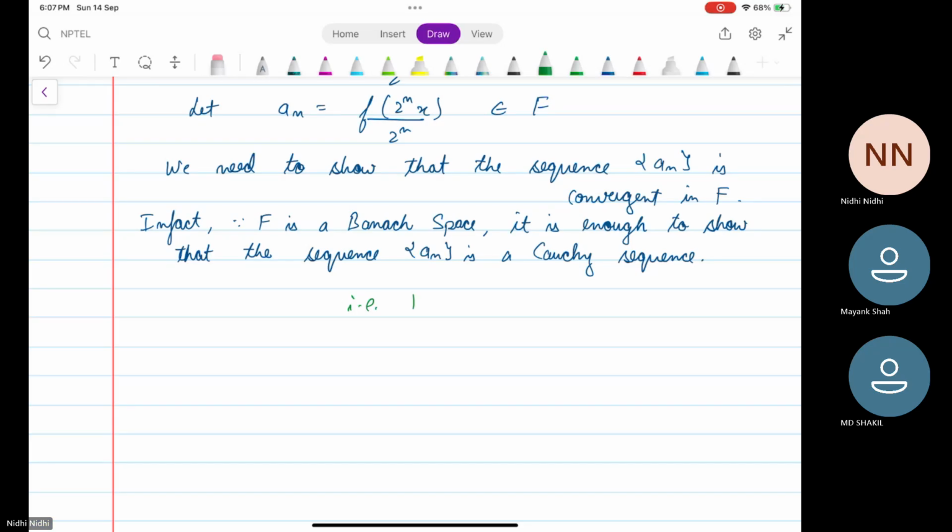That is, the norm of a_n minus a_m goes to zero as n and m go to infinity.